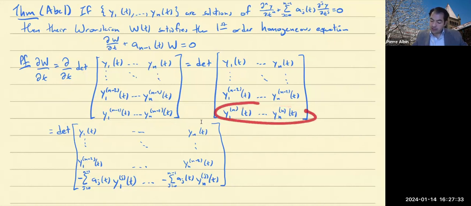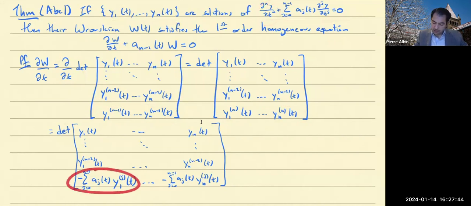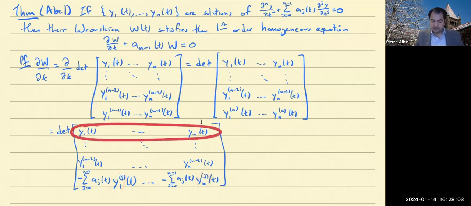The derivative of the last row gives you nth derivatives, but these functions solve this nth order ODE. So we know what the nth derivative is. It's given by this, right? Because all of these solve this. Okay, but now, again, properties of determinants, if you have repeated rows, they don't count. They just give you determinant equal to 0. So here, when we have the first derivatives, that would repeat the first row, right?